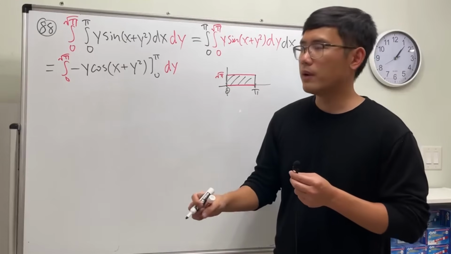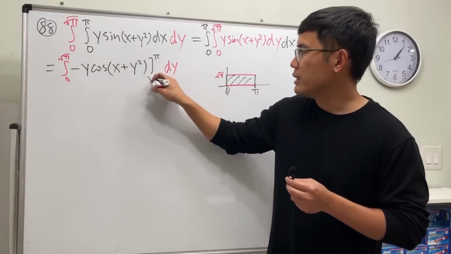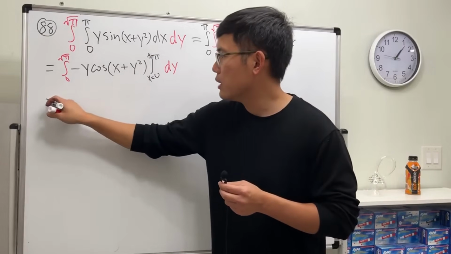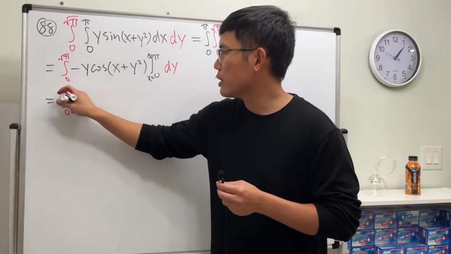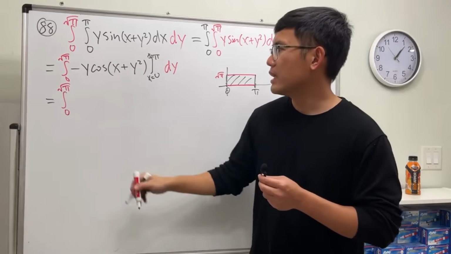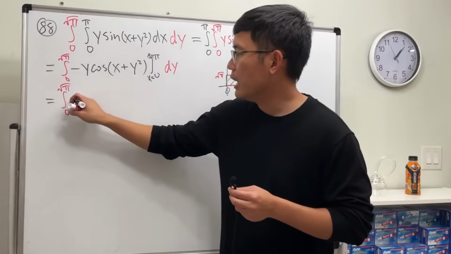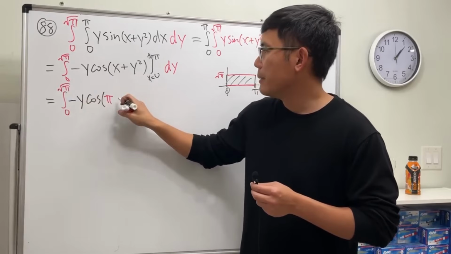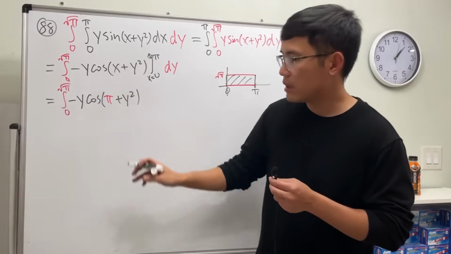And be super careful, we are in the x world, so this right here, we have to put it in the x. So 0 to square root of pi, put pi in x, negative y cosine of pi plus y squared.